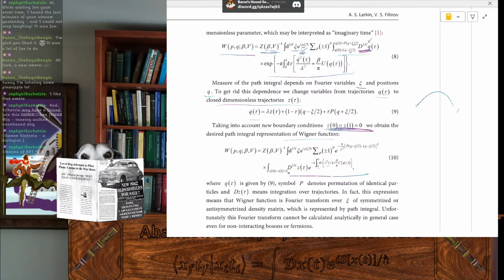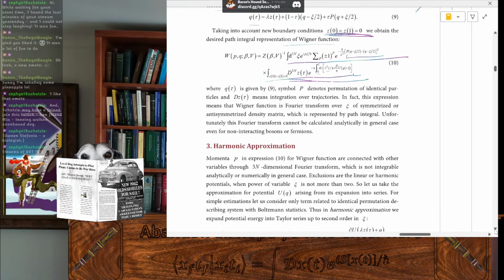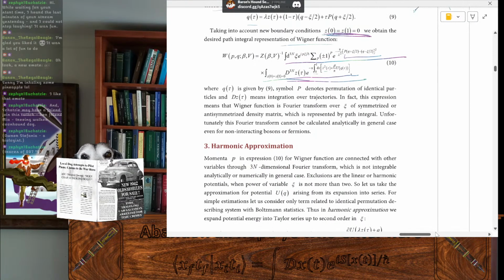Anyway, so this is over all of our paths, right? And we're integrating as z of 0 equals z of 1 equals 0, okay? And we're integrating everything over all particles. This is wacky.